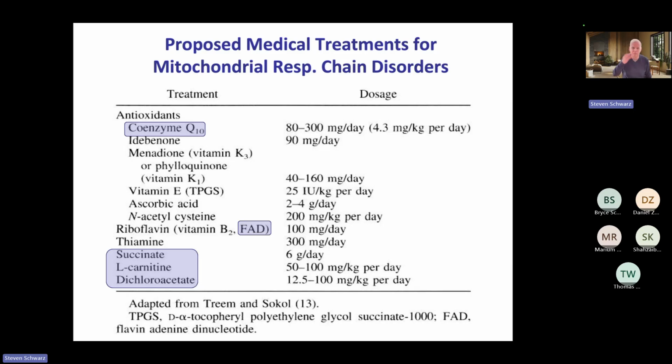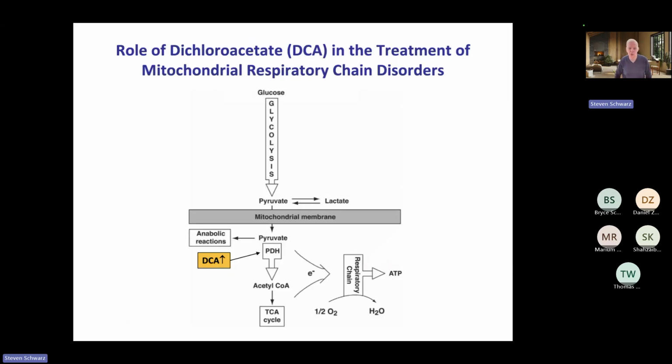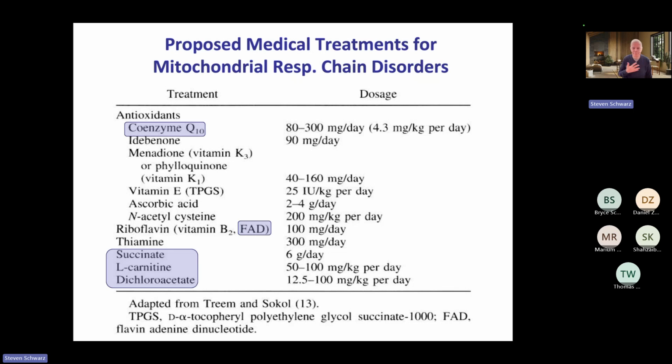And you can see here, one of them is dichloroacetate, which is used to upregulate the conversion of pyruvate into acetyl-CoA so that it goes into the TCA cycle and doesn't go on to lactate. As you can see here, pyruvate wants to go to lactate in these disorders, but by giving dichloroacetate, the hope is that you can push the reaction towards acetyl-CoA. In truth, this cocktail, which is an antioxidant cocktail, is theoretically of use, but in clinical practice probably does very little for most of these patients.